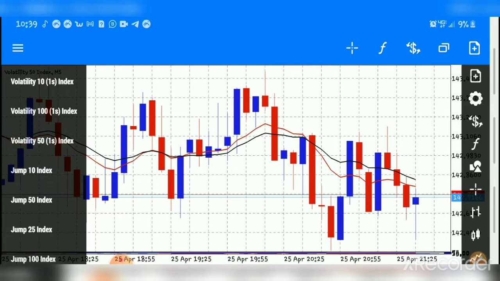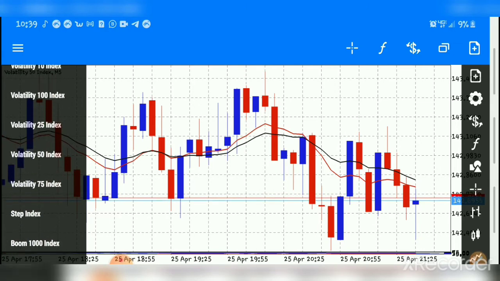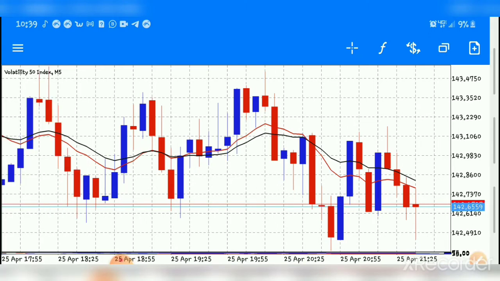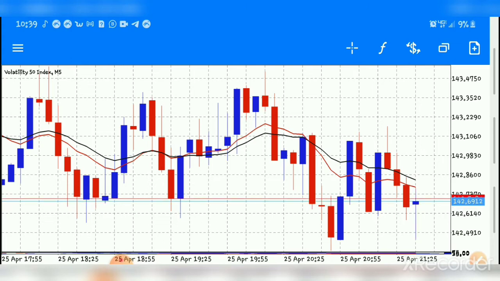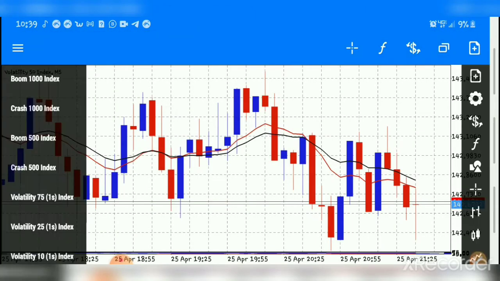These are the assets we can trade under synthetic indices: volatility 10, volatility 100, 25, and so on. Each of these markets has its own lowest lot size that you can use. For example, if you trade volatility 100, if I'm not mistaken, the lowest lot size is somewhere around 0.001, but volatility 50 is 0.30.